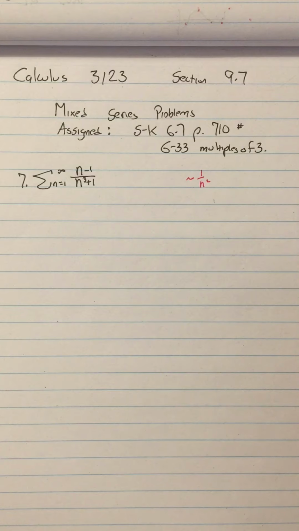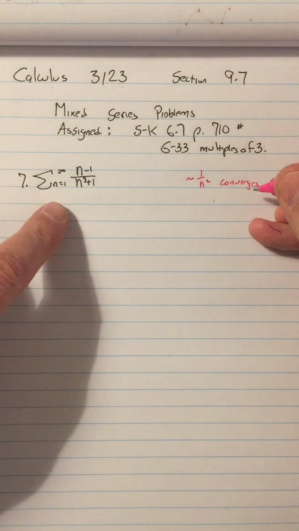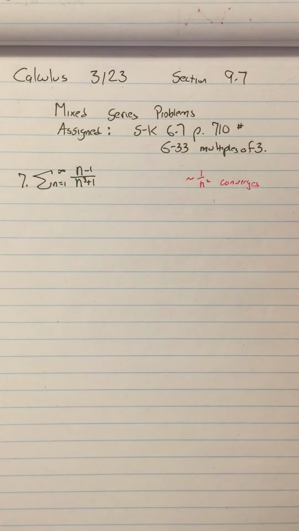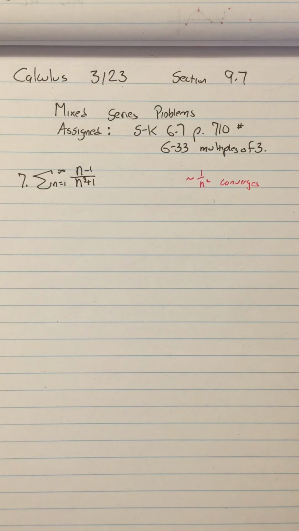And the question is, regular comparison or limit comparison? Now I know 1 over n squared converges. So if what I have here is less than 1 over n squared, then I can use the regular comparison test, which is easier. But if what I have here is more than 1 over n squared, then I have to use the limit comparison test, which is harder. So let's see.